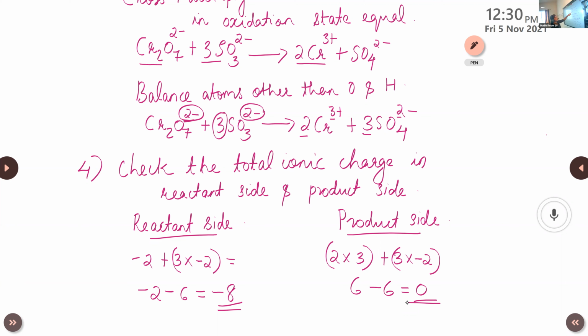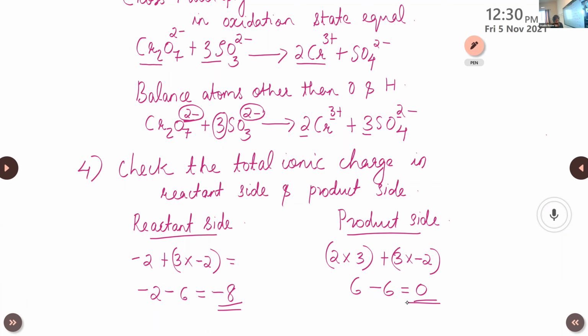In the product side, 2 chromium atoms with 3 plus charge, so it is 2 into 3, again 3 into -2. So in the product side, it will be okay because it is 0, neutral, right? But in the reactant side, it is -8. That means minus charge is more, right? So in order to make it neutral, we have to add 8 H plus ions in the reactant side.